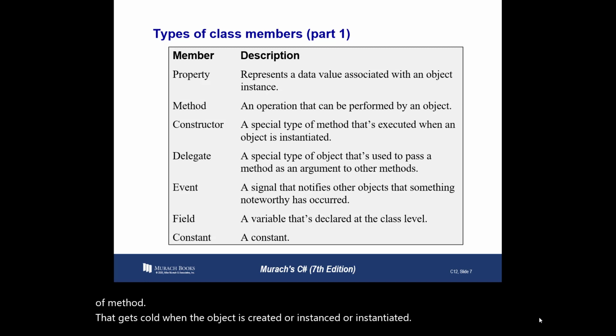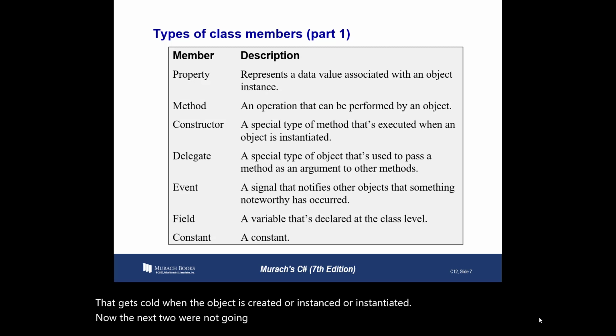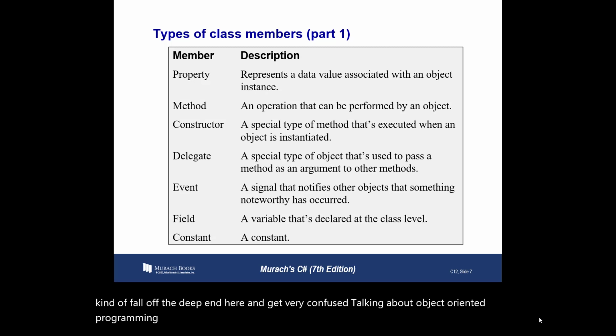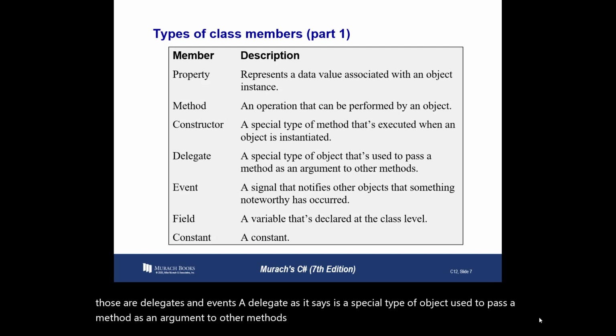Now, the next two we're not going to talk about real much, because that's where you can really fall off the deep end and get very confused talking about object-oriented programming, and those are delegates and events. A delegate, as it says, is a special type of object used to pass a method as an argument to other methods. Don't worry about that for right now.